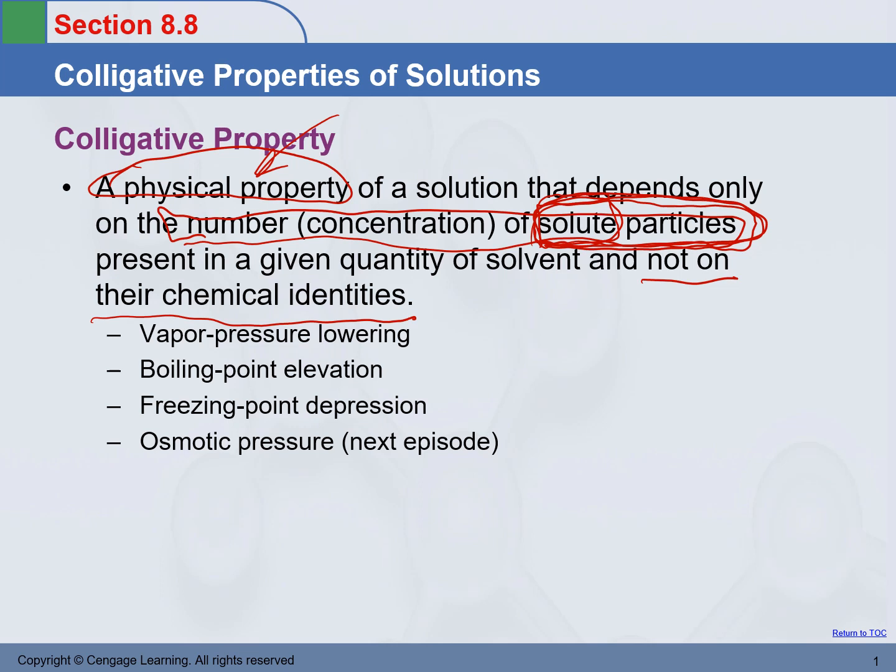A solution will have a higher boiling point than the pure solvent itself. Freezing point depression. A solution will freeze at a lower temperature than the pure solvent itself. And osmotic pressure. A solution will generate a pressure that is called osmotic pressure.